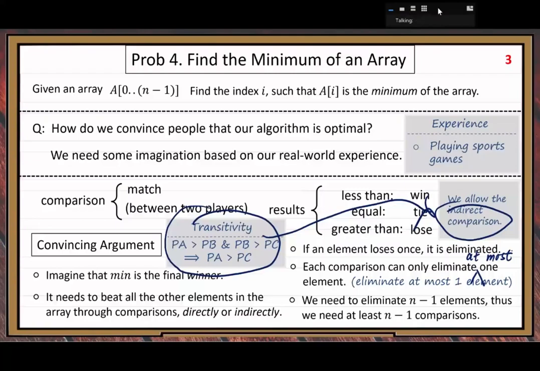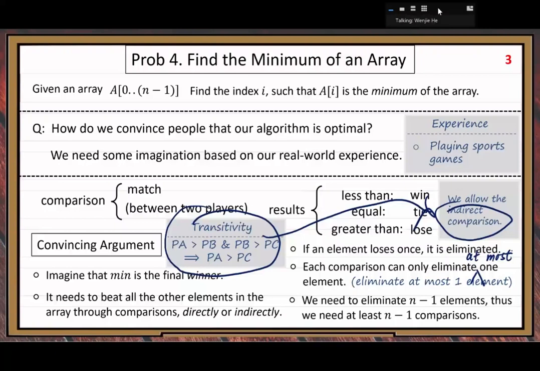But each element, you need to use at least one comparison, right? Otherwise, how can you eliminate one element? So at least one comparison is needed. To eliminate n minus 1 elements, you need at least n minus 1 comparisons, right?